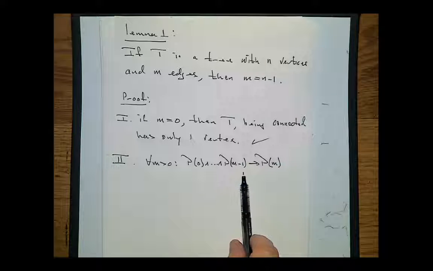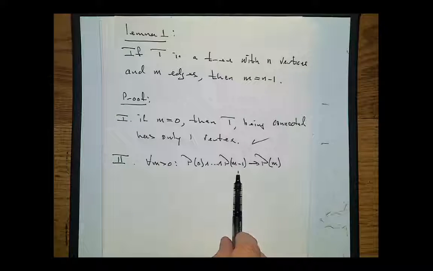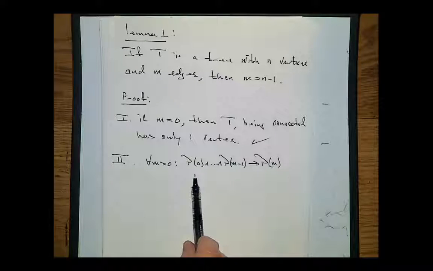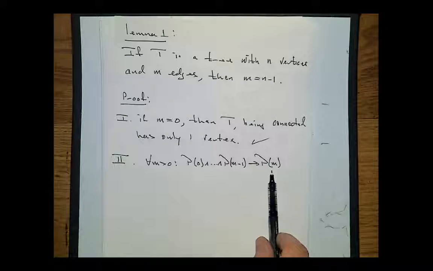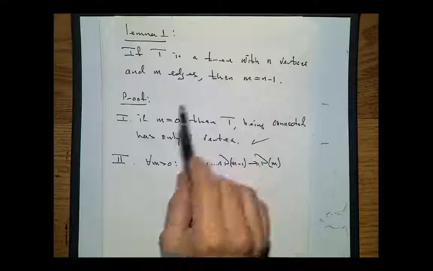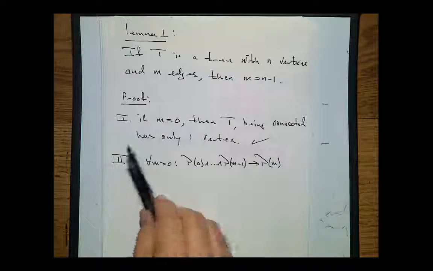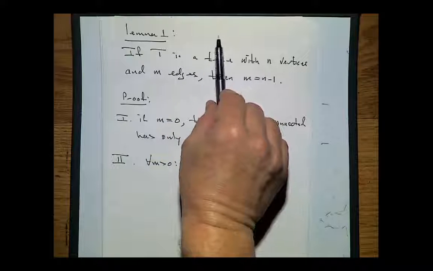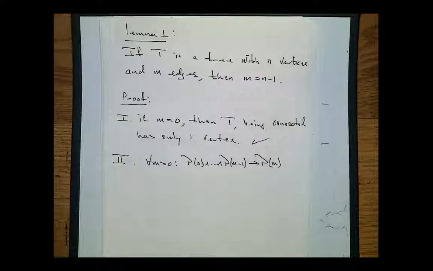Assume all dominoes, starting at 0 and going up to, but not including, the mth domino, have fallen. That's your induction hypothesis. Show as a consequence that the mth domino falls. And what is P of m here? P of m is this statement. I'm not going to put a box around it this time. And there should be a for all m greater than or equal to 0 out in front of the whole thing. Okay, well, I'm writing things now the way you'd normally see them in a math textbook.